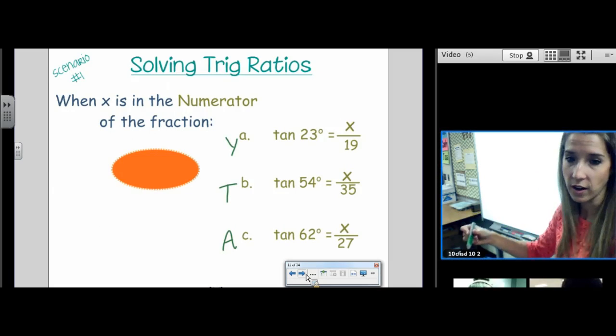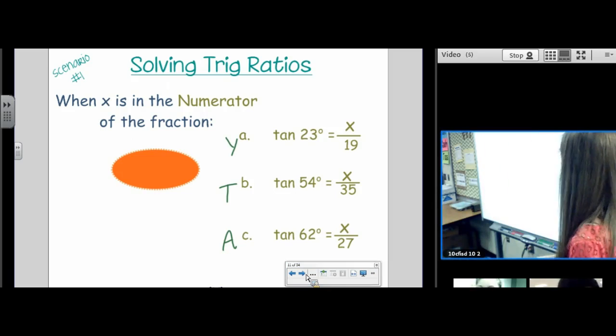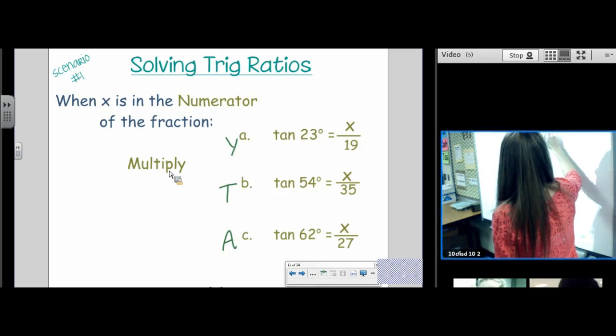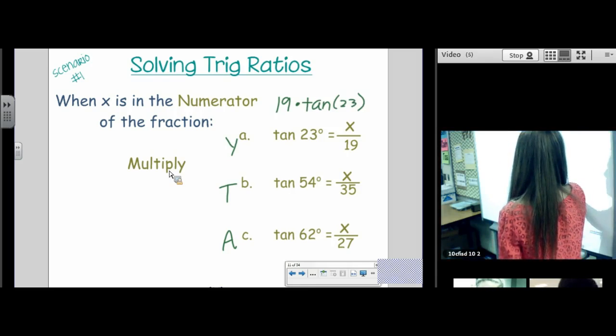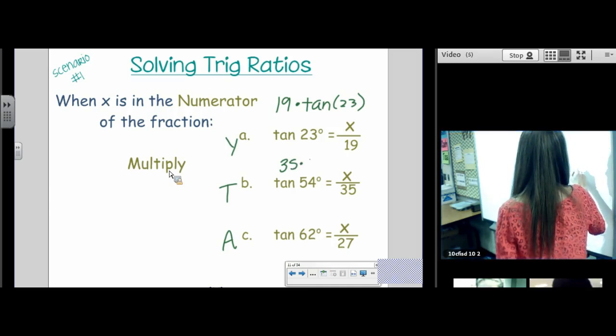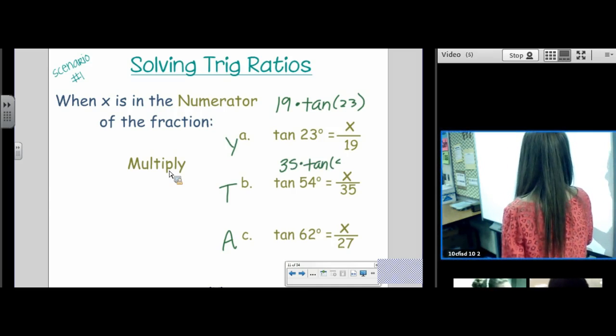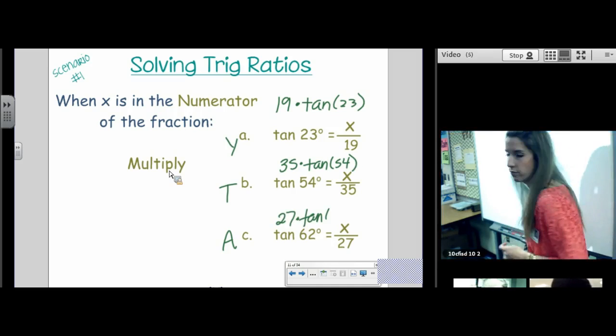X is in the numerator. On all of these, x is in the numerator. When x is in the numerator, you multiply. So like on this one, you're going to do 19 times tan 23. On this one, you're going to do 35 times tan 54. On this one, you're going to do 27 times tan 62.